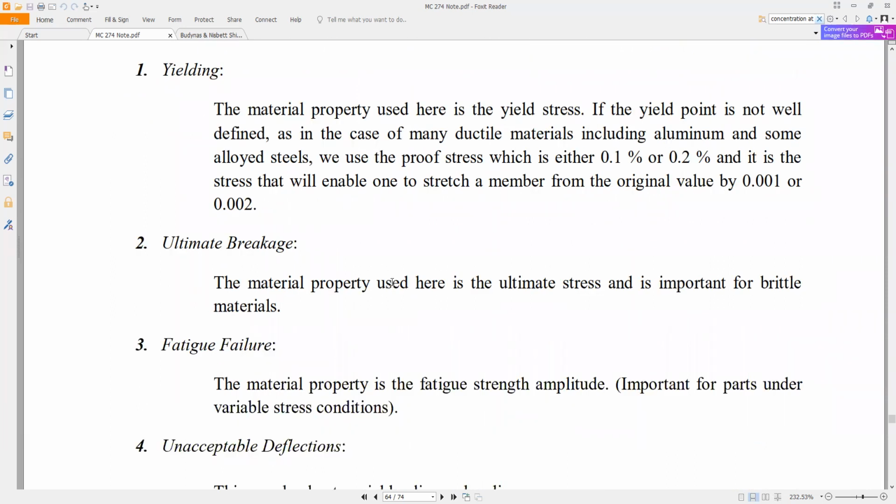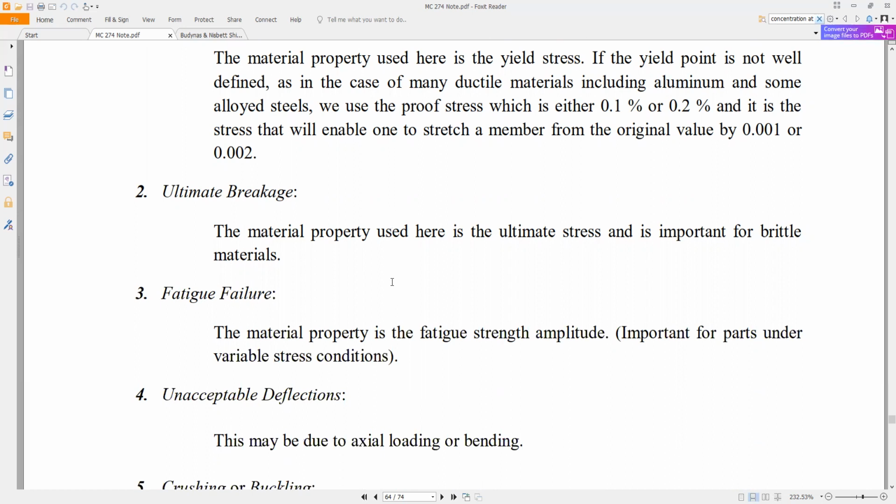Ultimate breakage. The material property used here is the ultimate stress, and it's important for brittle materials. Okay. For ductile material, we know that yielding will occur. Material will begin to elongate when we have tensile stresses on it.